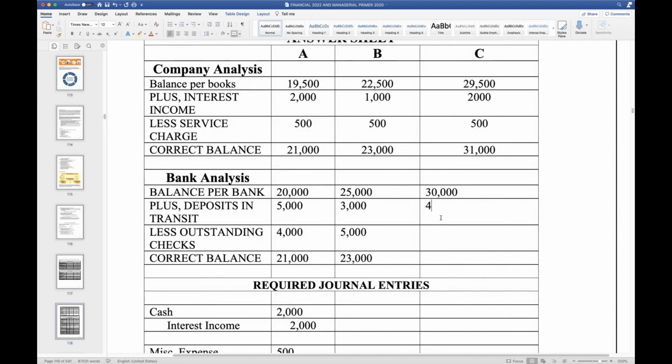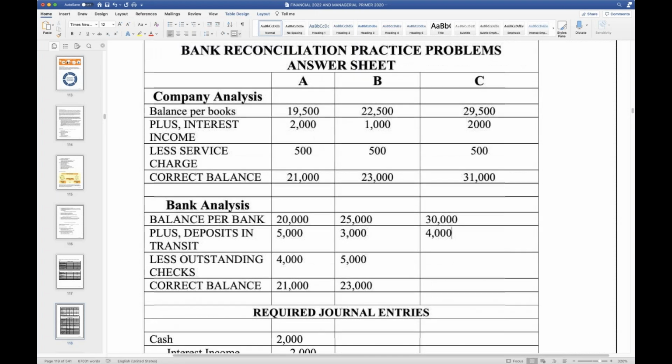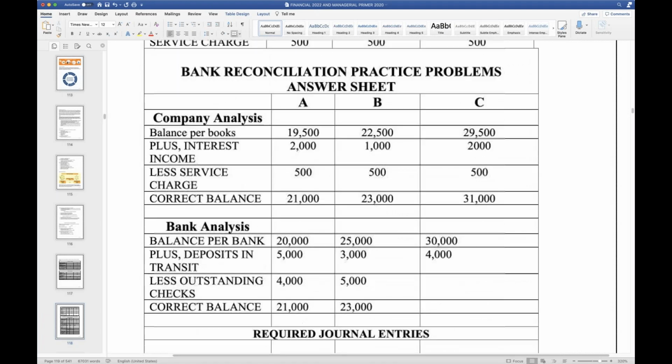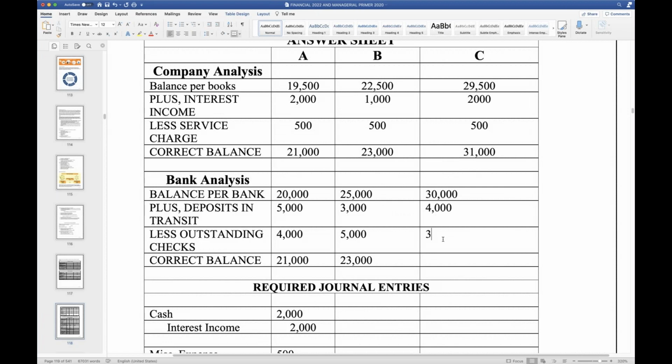Deposits in transit, they would not have. And they also would not have what? Outstanding checks. So the bank has the 30. It doesn't have deposits in transit. We add that 34. We subtract out the outstanding checks, and we come back to 31,000 as the correct balance.